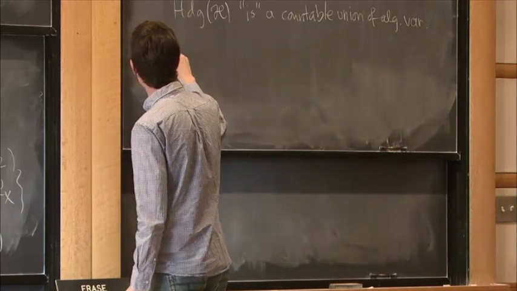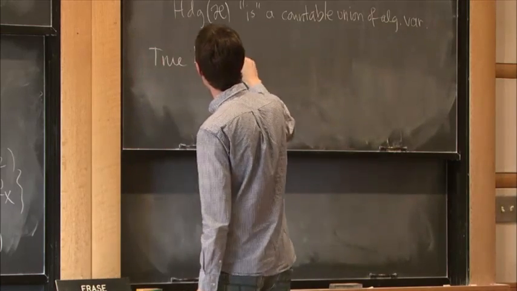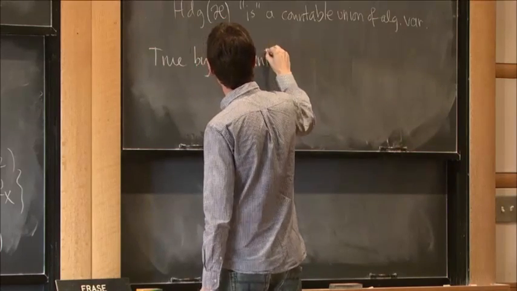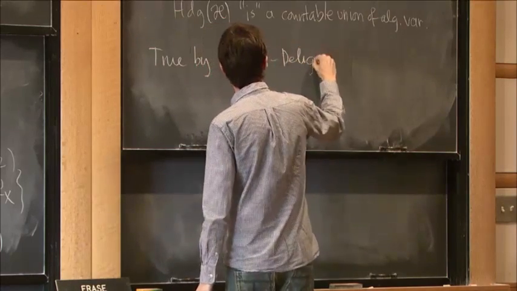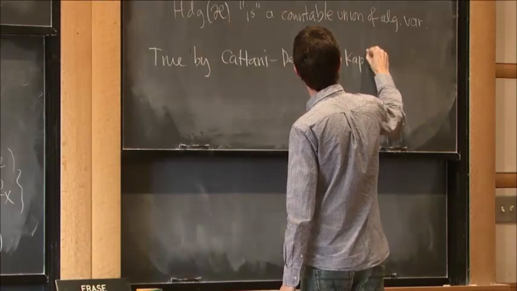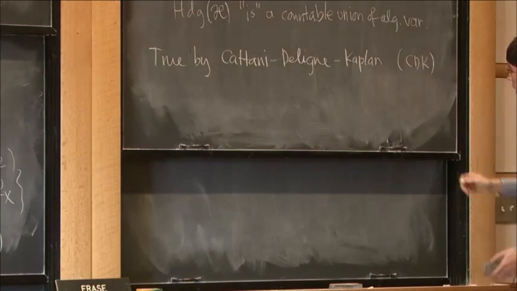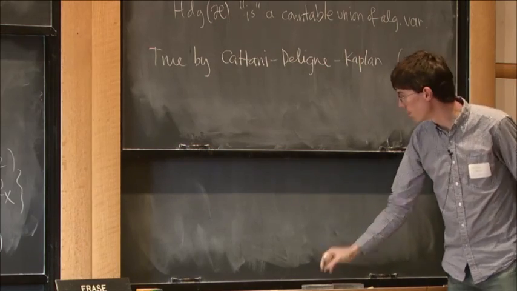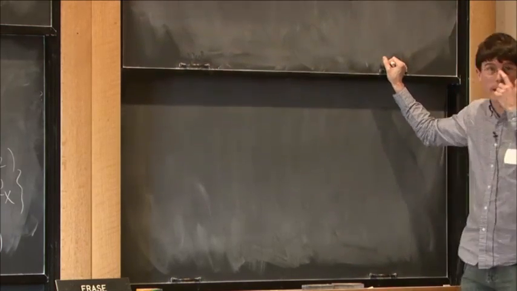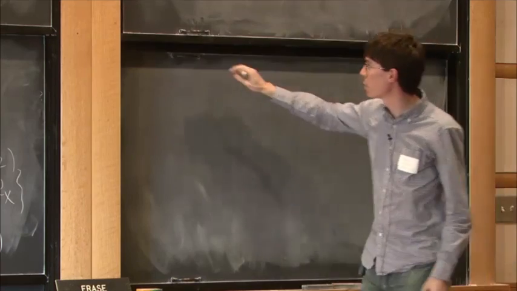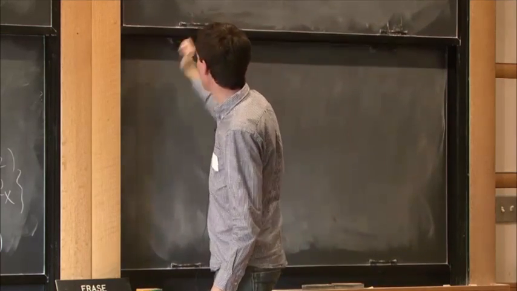So this is true by CDK. I'd have to write this a lot, so from now on I'll just write CDK. In fact, they have a much more precise statement. The more precise statement, I'll write as a theorem.